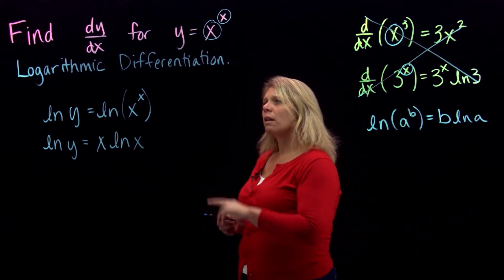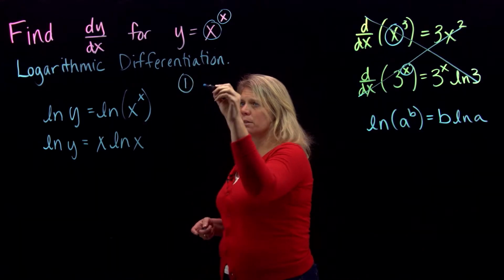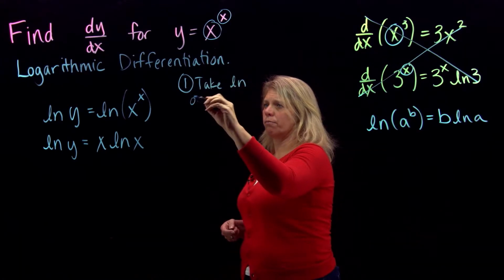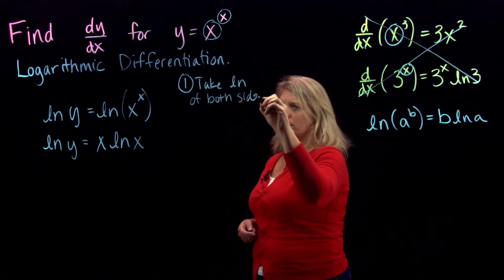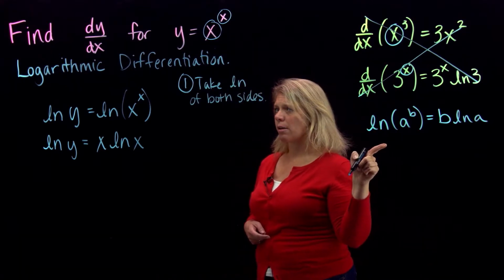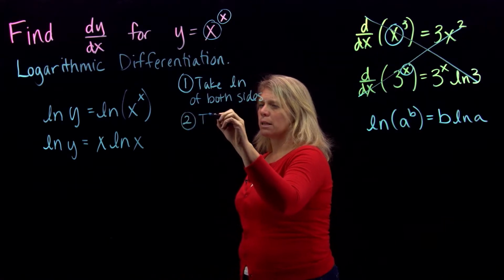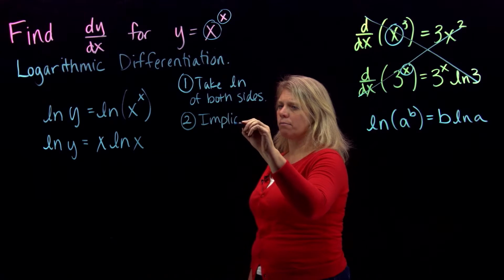So for logarithmic differentiation, the first step is to take the natural log of both sides of the equation and use that property of logarithms. That's the point of doing that. Secondly, you use implicit differentiation to find what you're after, your dy dx.